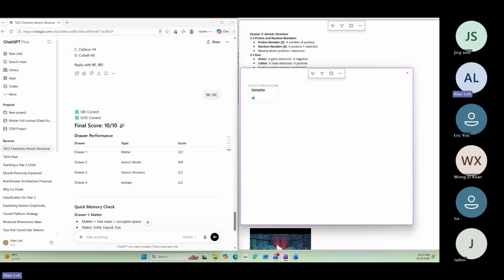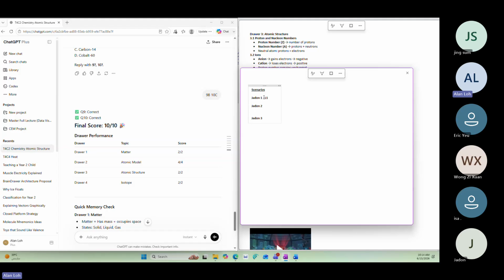Let's take Jaden as the main example: Jaden 1, Jaden 2 and Jaden 3. Who is Jaden 1? Jaden 1 is somebody who has no knowledge about a topic. For this case, let's take atomic structure. Two hours ago, Jaden 1 didn't have any idea about atomic structure at all.